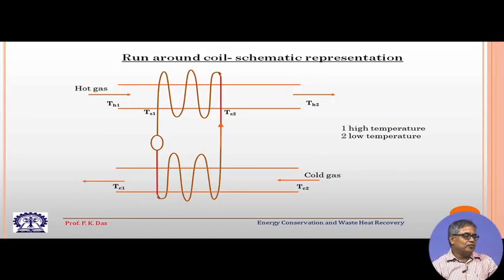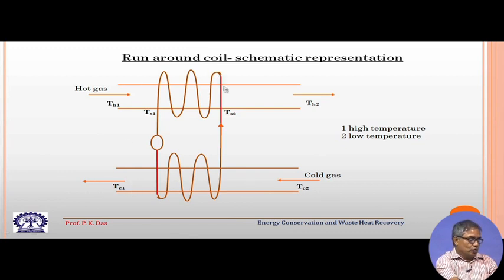Now, this is a schematic arrangement of the fluid coupled heat exchanger. Hot gas is coming in with a temperature TH1 and going out with a temperature TH2. The cold gas is coming in with a temperature Tc2, mind it, we have written Tc2 not Tc1, and it is coming out with Tc1.